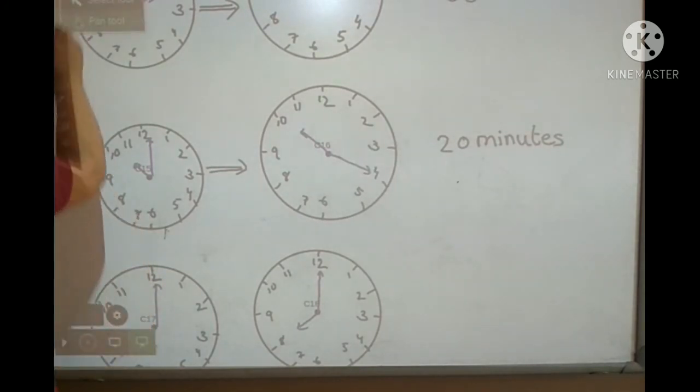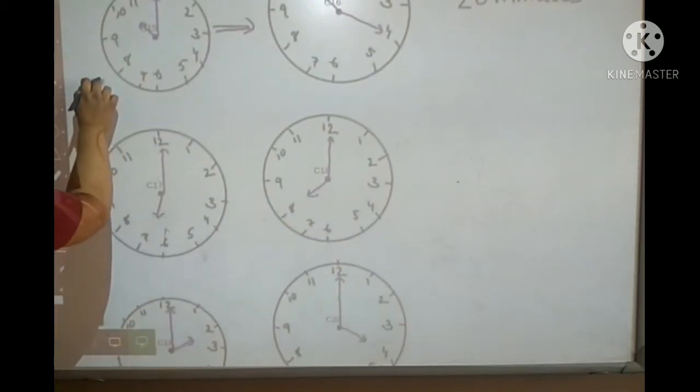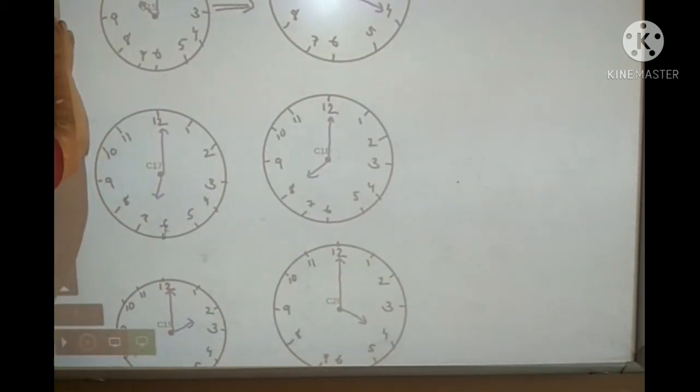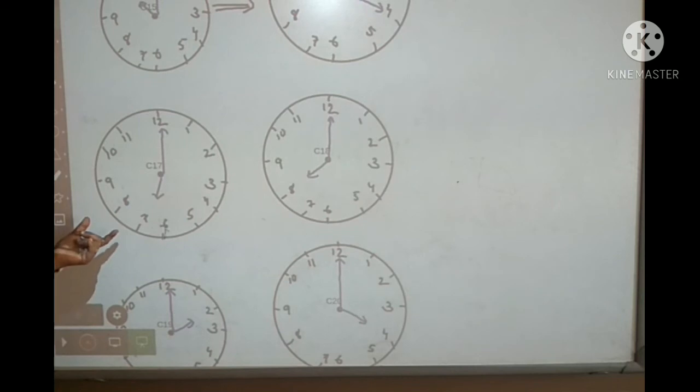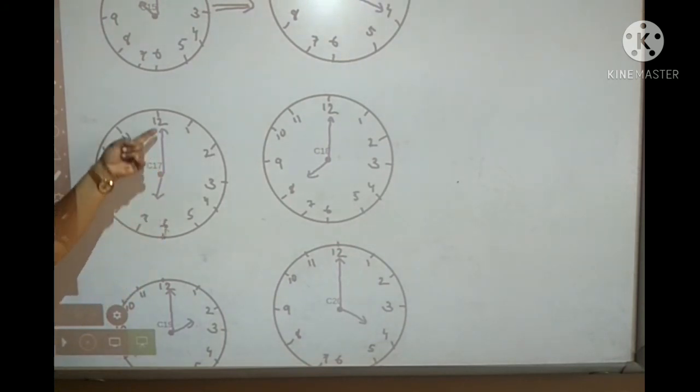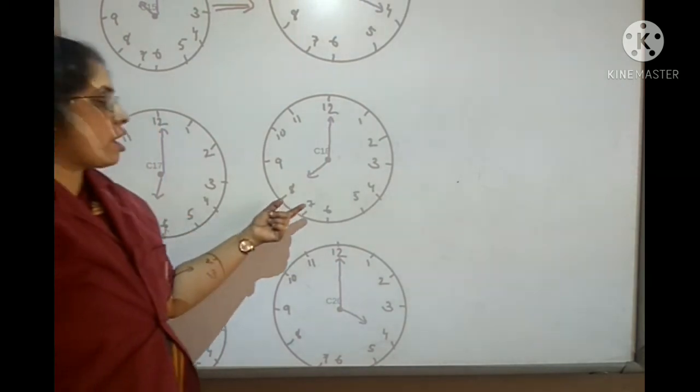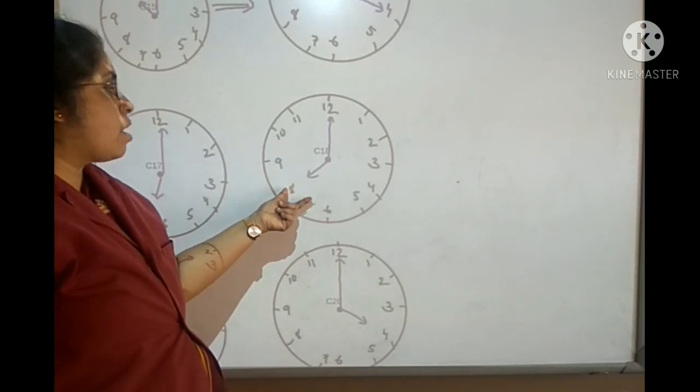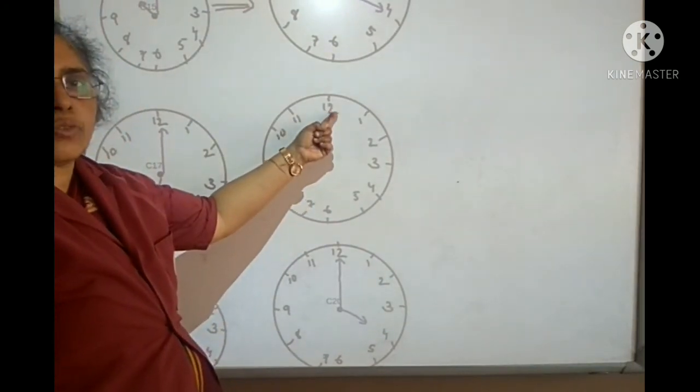Now the third problem. In the first clock, the hour hand is between 6 and 7 and the minute hand is on 12. Here the hour hand is between 7 and 8 and the minute hand is on 12.